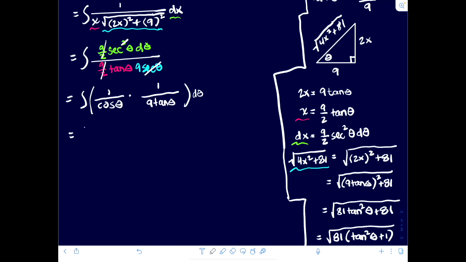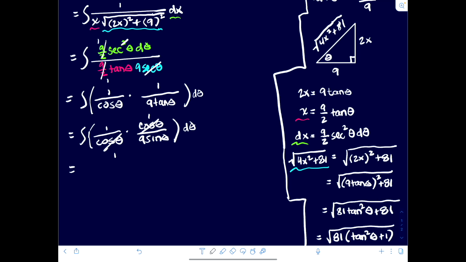So that's going to be equal to 1 over cosine theta times, tangent theta is sine theta over cosine theta, but they will invert and multiply. So I believe we would end up having cosine theta over 9 sine theta with a little algebra times d theta, or with respect to theta. All right, so now these cosine thetas divide out to be 1.